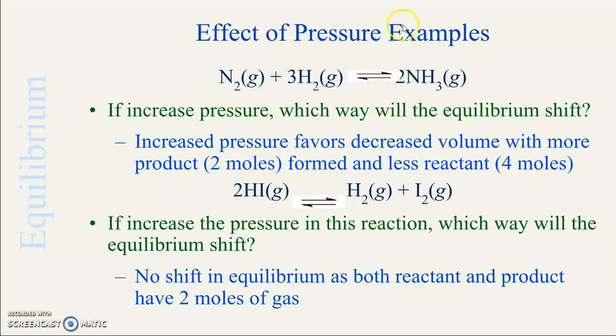So it's going to shift to this side, to the products, which has fewer moles. If I decrease the pressure, that is now going to favor the side that has more moles, so it would favor the reactants. In this reaction right here, they both have 2 moles and 2 moles, 1 mole of hydrogen, 1 mole of iodine, so changing the pressure isn't going to affect this equilibrium at all because they're the same on both sides.